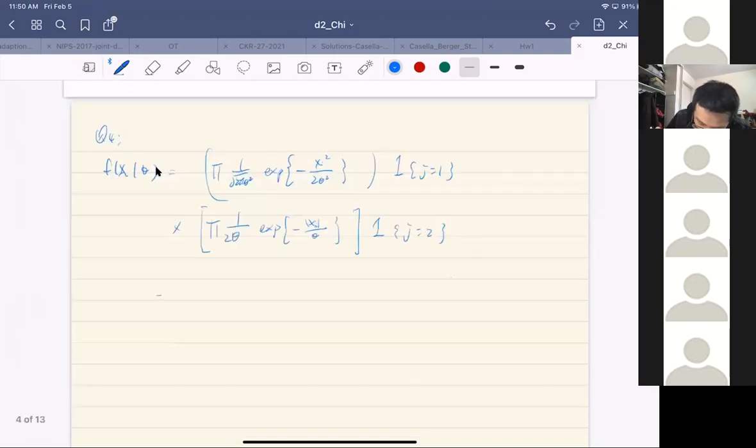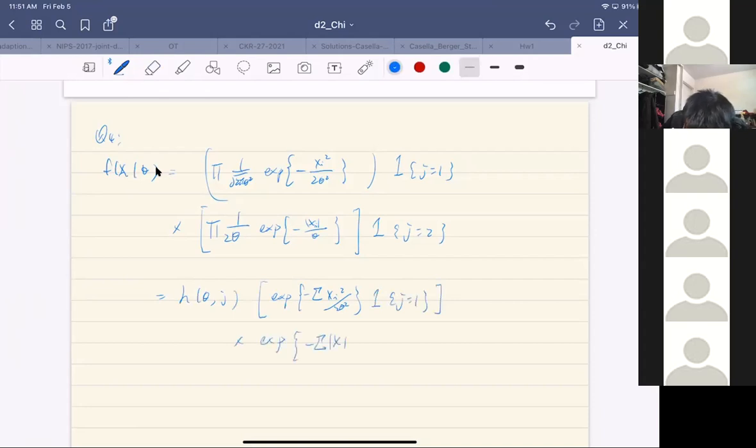So in the end, you may have some function of theta and z. And we have another factor, the exponential of the summation of Si squared, multiplied by the indicator function z equal to 1 and the indicator function z equal to 2.